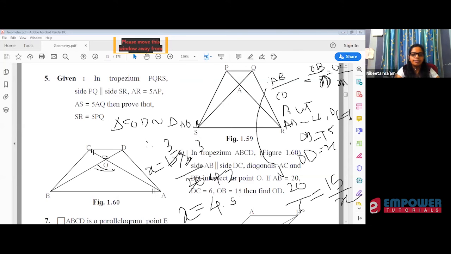Yes, correct? Everyone understood? Write it down. So you have to first prove that these two triangles are similar, then find out the fourth side using the proportionality theorem, the proportionality property of similar triangles.